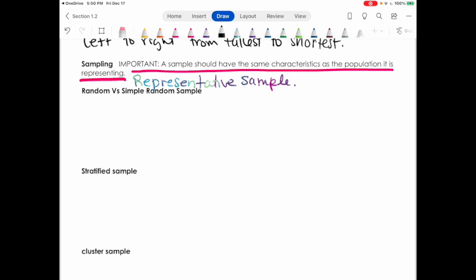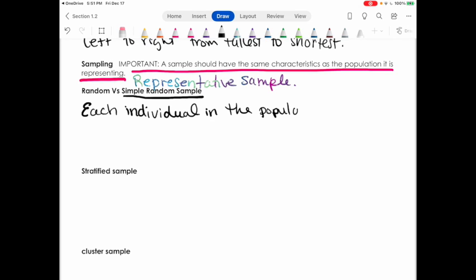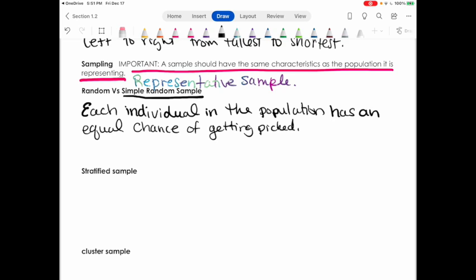Now, a simple random sample is a little bit more specific. It is random. However, when you pick a simple random sample, you want to make sure that each individual in the population has an equal chance of getting picked. So that's the whole idea behind the randomized, okay?